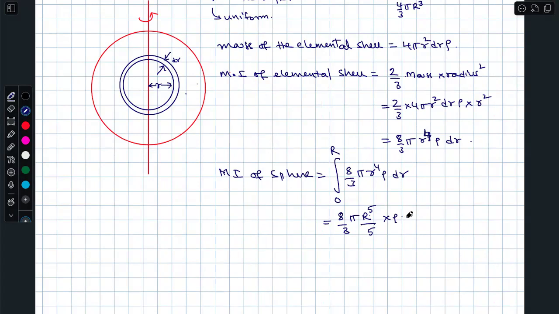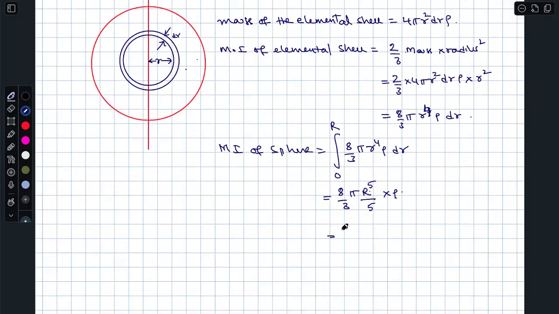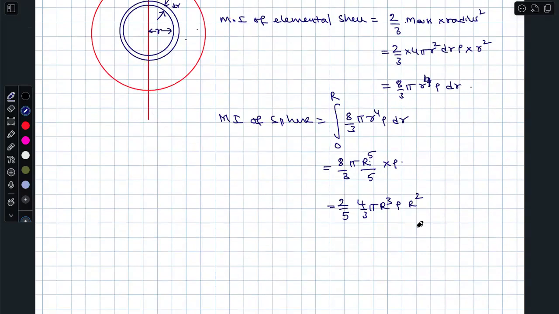Correct? Now you can write this as 2/5 times 4/3 pi r cube rho times r square. Why? Because I know that this is the mass of the sphere. So 2/5 mr square. This is the expression for the moment of inertia of a solid sphere.